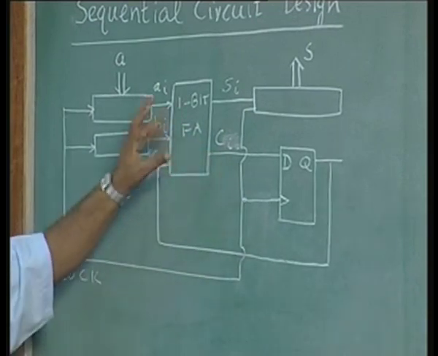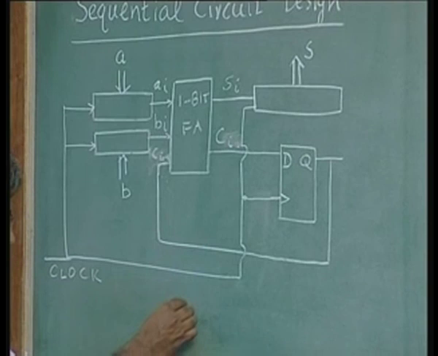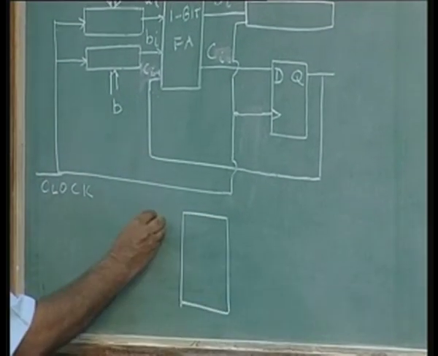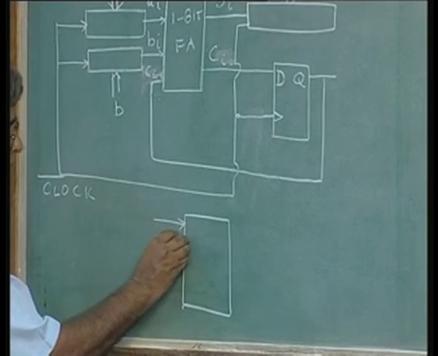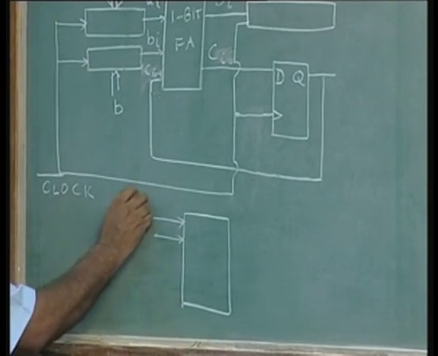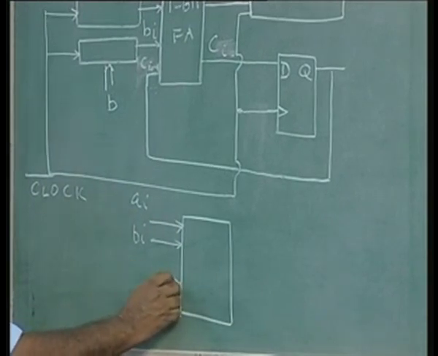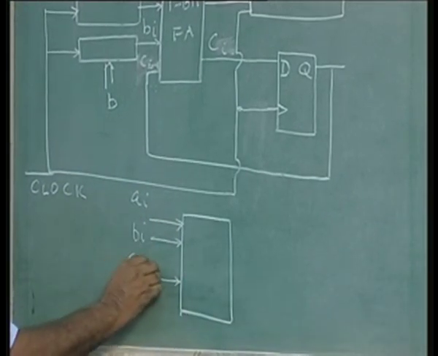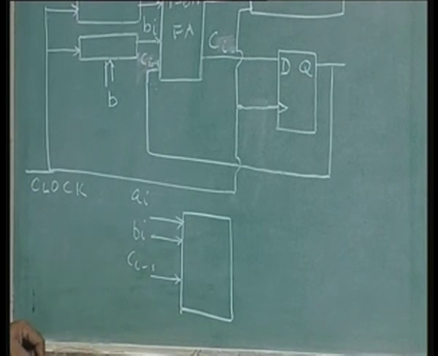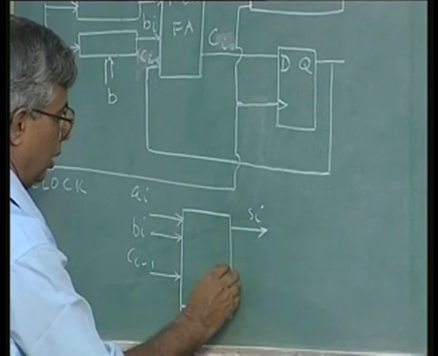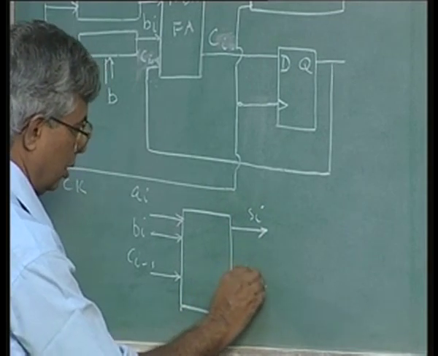Now, if you take our Mealy model of yesterday's lecture, the last lecture, we had these external inputs. In this case, what are the external inputs? Ai and Bi, and I said state variable input Ci minus 1, output is Si, and the state variable output is Ci.